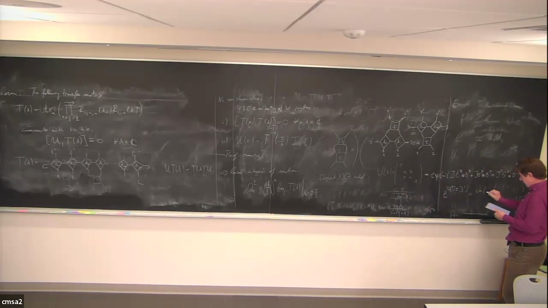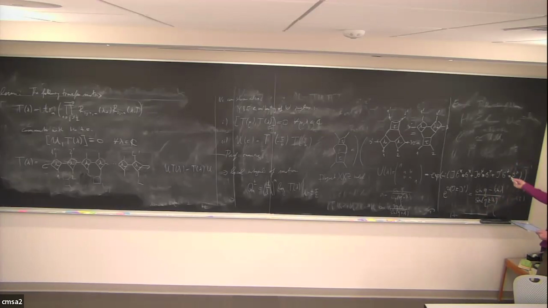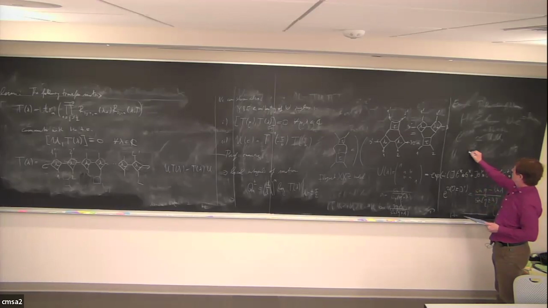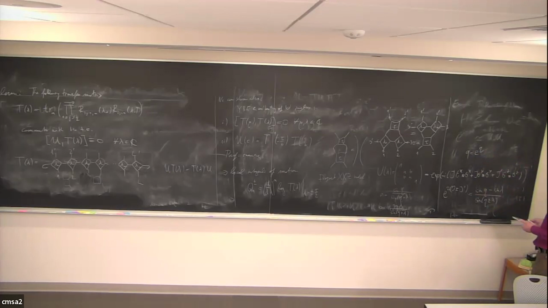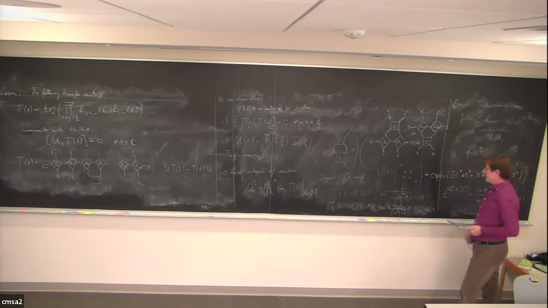a unique solution. Sine eta minus sine lambda divided by sine eta plus minus lambda. Now, eta is the standard deformation parameter. So for those who prefer q, q is basically e to the I eta. There are two solutions of this equation which make physical sense.